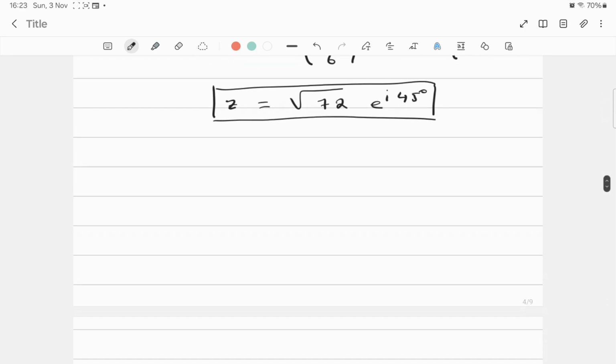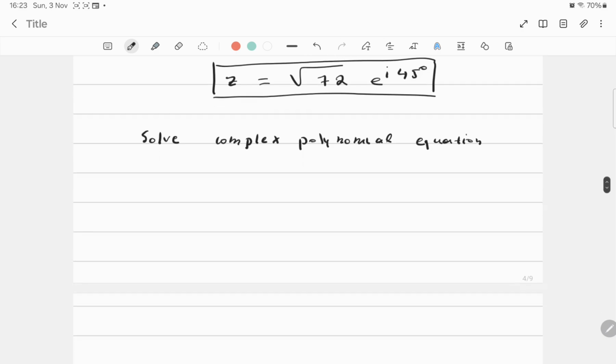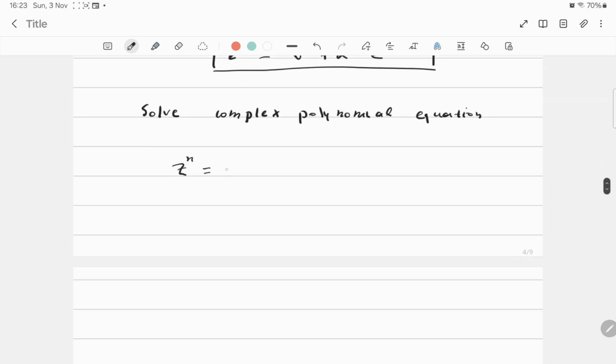Now, how do we solve complex polynomial equations? Let's say that we have z to the power of n equals b.